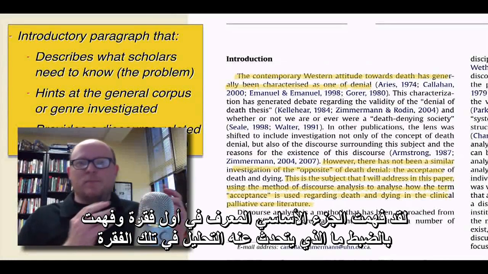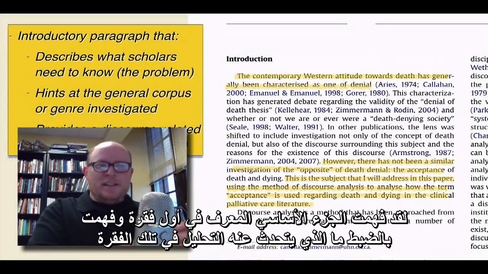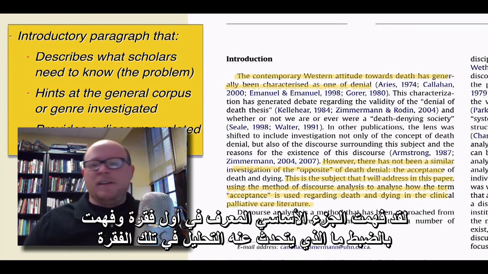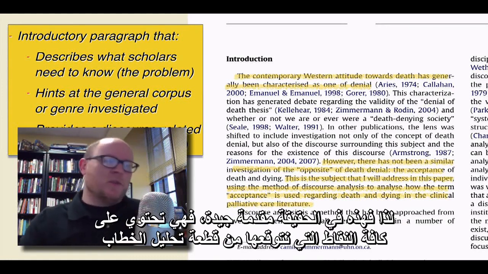So you've got basically the corpus identified in that very first paragraph, and you've got a sense of exactly what the topic being investigated is right there in that paragraph. So this is actually a really good introductory paragraph that hits all the high notes of what we would expect from a discourse analysis piece.